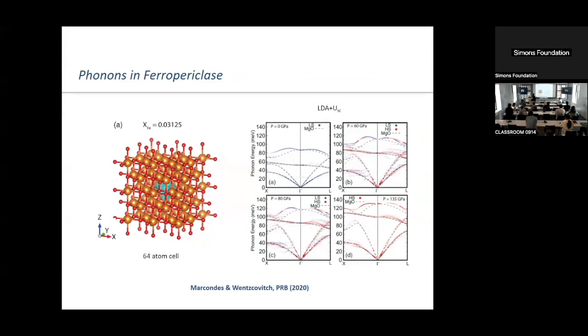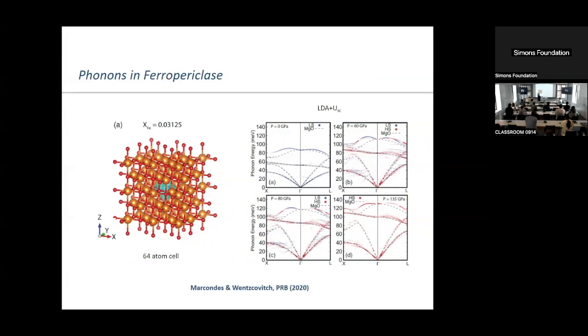We calculate phonons, and these phonons are unfolded into that of the primitive cell. The low spin state is stable; you don't see any unstable phonons at 0 GPa. The high spin state is stable at the bottom of the mantle.